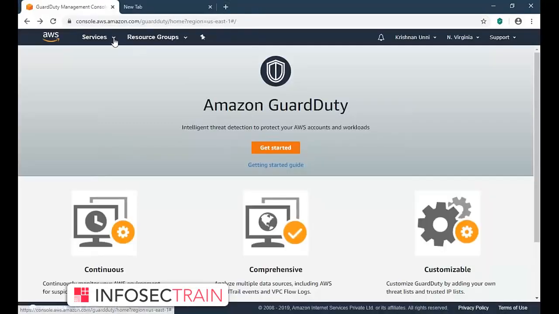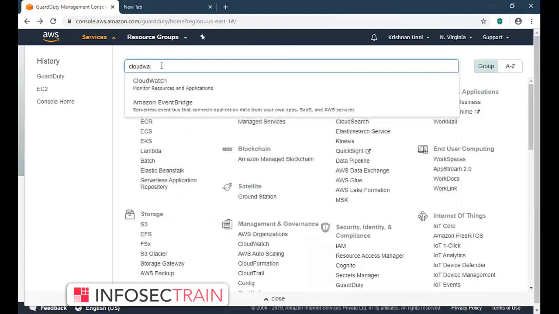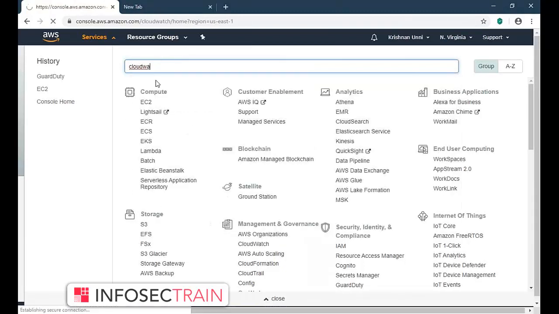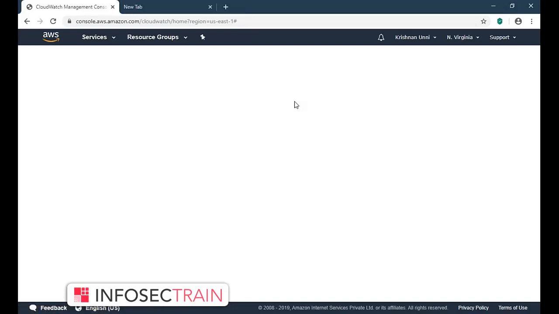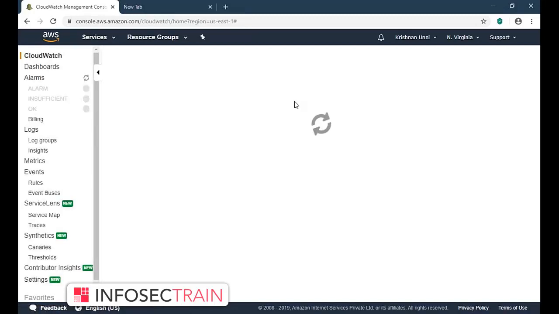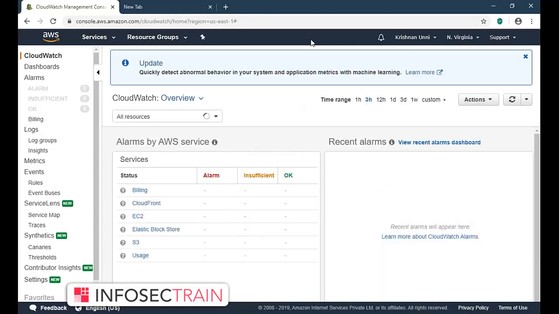If you want visibility into the AWS infrastructure, the best service you can use is CloudWatch. But CloudWatch is not only a monitoring solution.